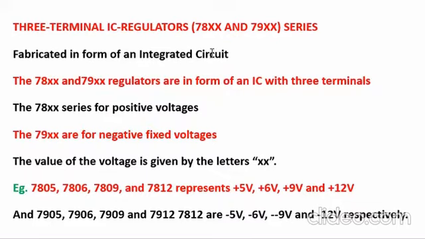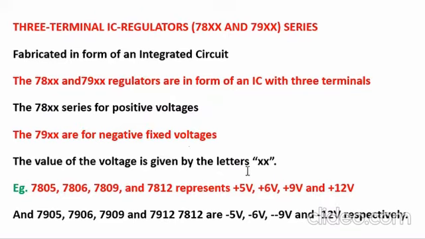The 78XX and 79XX, I have already said they have 3 terminals. We are going to see the figure very soon. 78XX are the ones for the positive voltages, and 79 for the negative voltages, where this XX is the voltage we want to get.